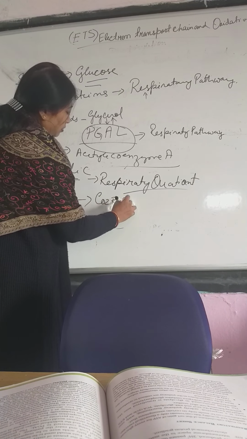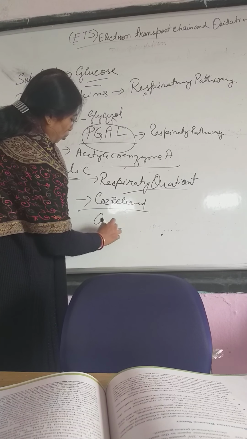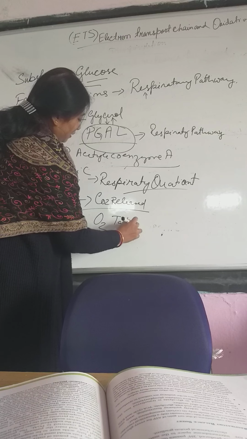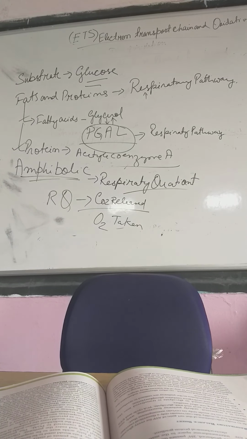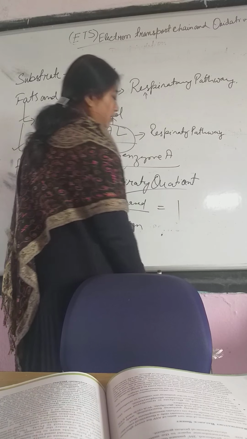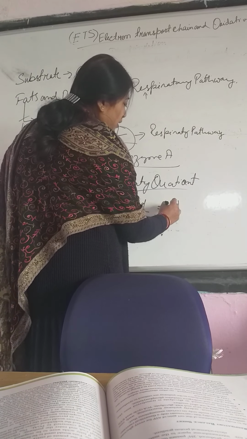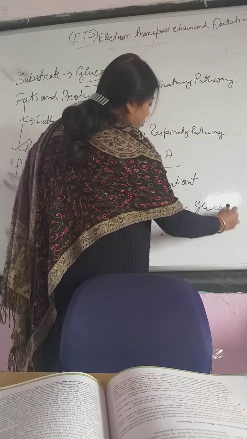CO2 released by O2 taken or consumed. So that is known as RQ, respiratory quotient. Okay. Now RQ is equal to 1 when the substrate is glucose.